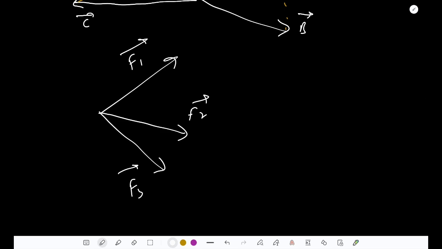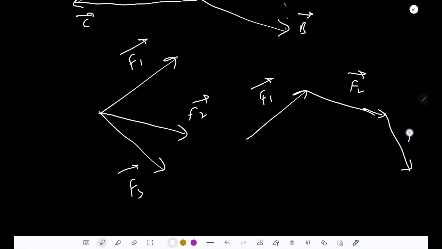and if we try to find F1 plus F2 plus F3 like this, I can draw another picture, like F1 is here, and then I put F2 like this. They are all rough sketches, and then I can draw the F3 like this. This is going to be F1 plus F2 plus F3.